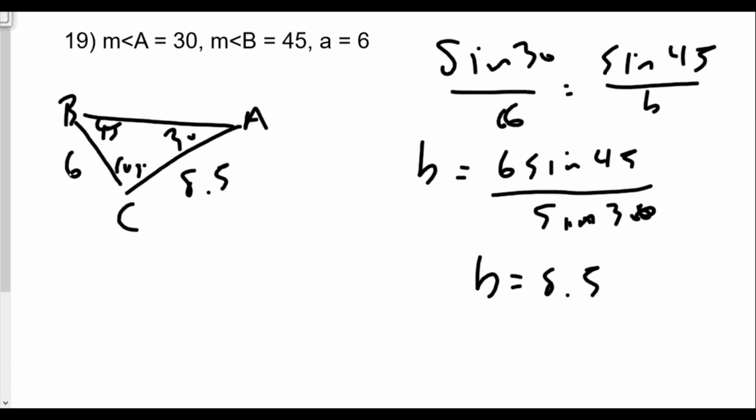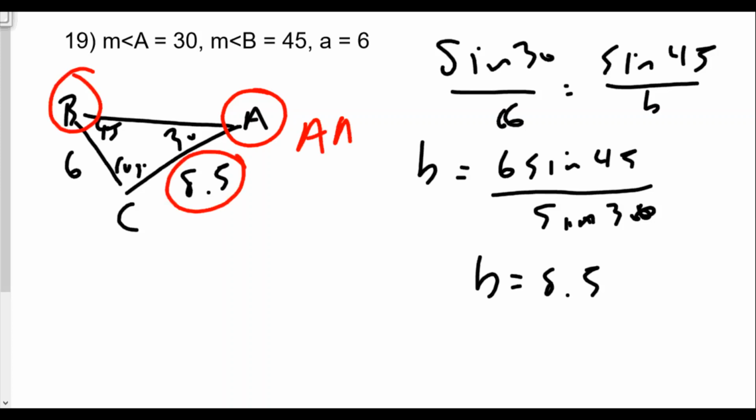We know two angles here, and really, we were given angle A, we're given angle B, and the measure of the side opposite B. So this is an angle-angle-side situation. We're given this information, and we know for sure this is true. So we can tell there's only one possible triangle.